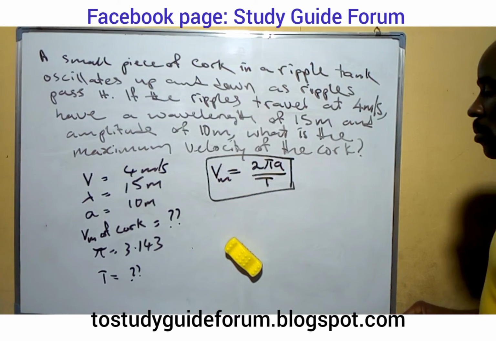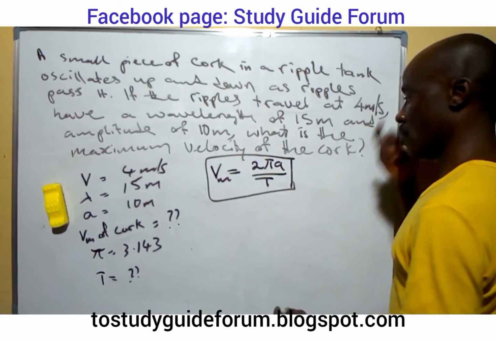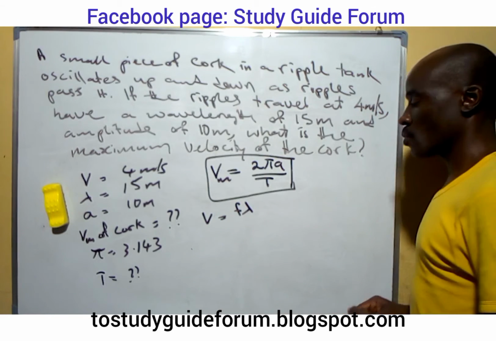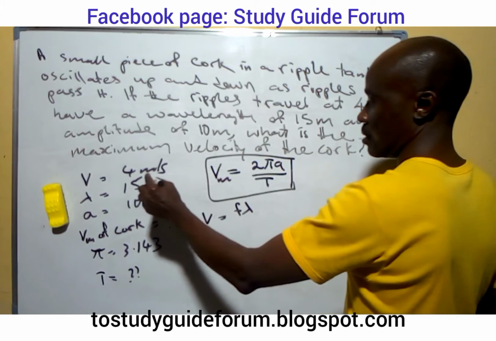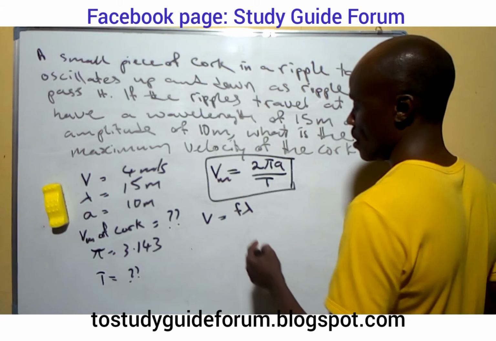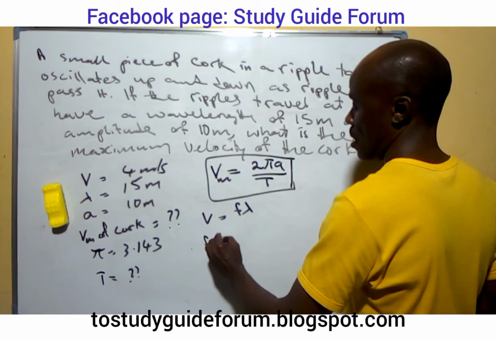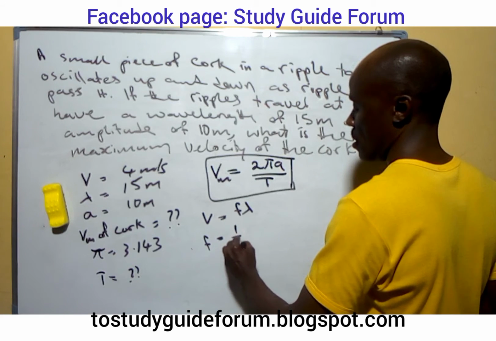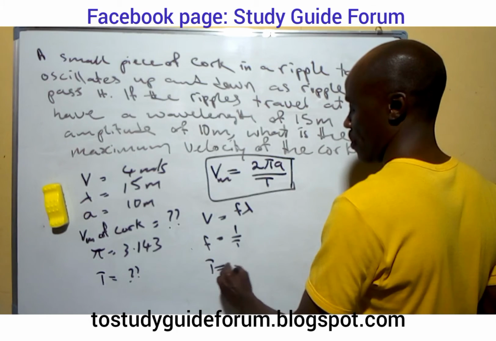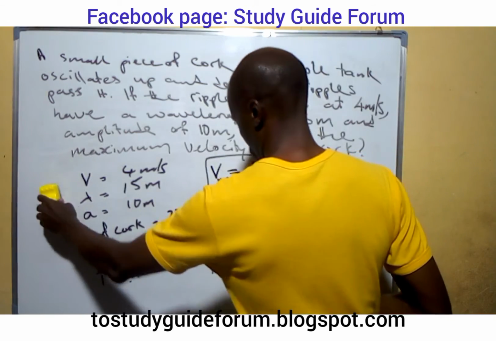To get this T, in order to use our formula, we know that velocity is always frequency times wavelength. Our frequency is not known, and since we are looking for a period, we can say that period is 1 over frequency.